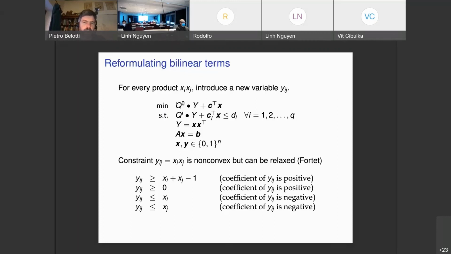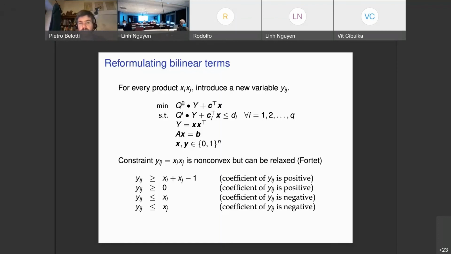This is the Frobenius product of two matrices of the same dimensions, Q naught and Y. This Frobenius product is simply the sum of the products of all the elements of Q naught with the corresponding element of Y. So Q11 times Y11 plus Q12 times Y12, etc.